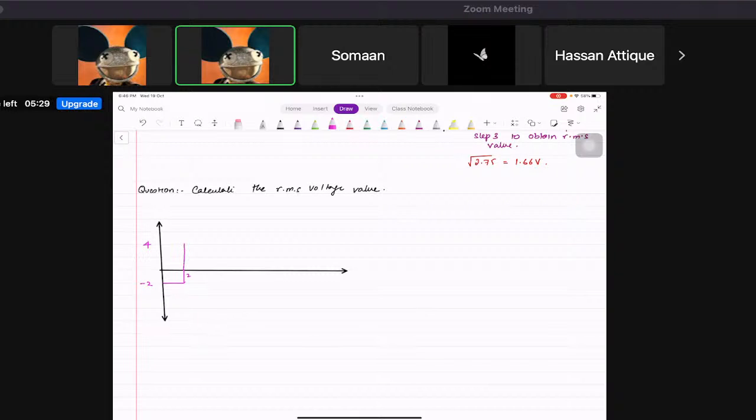Okay, let me make it 4 here, and then 4 stays till 6 seconds, and then it goes to 12 and stays there for about 12 seconds, and now it's like this, and then it repeats itself.